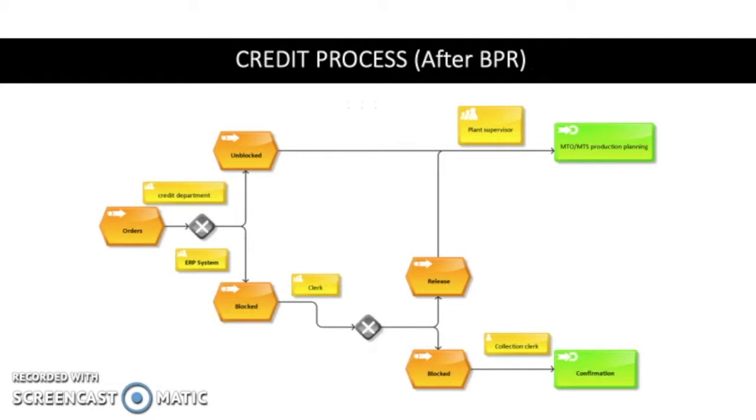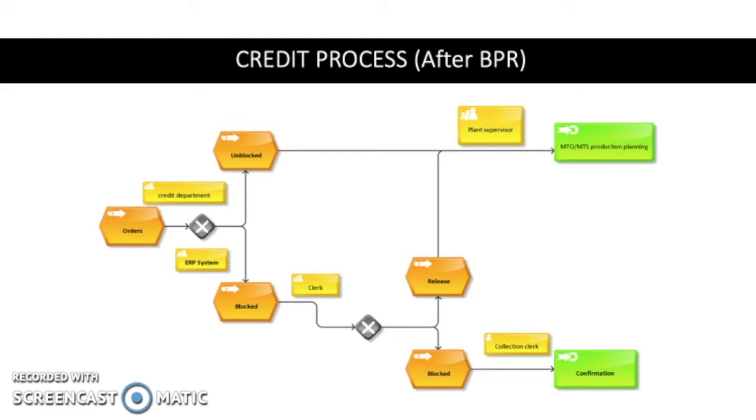Therefore, we improved the working flows of the credit department in accordance as below. After the application of business process re-engineering, all the orders, no matter they are questionable orders or unquestionable orders, will follow the same steps through enterprise resource planning system, and then only one manual confirmation.